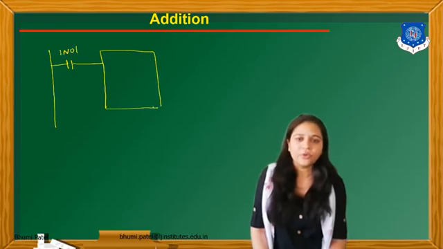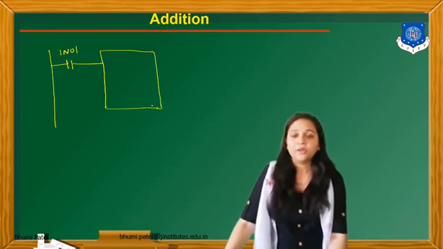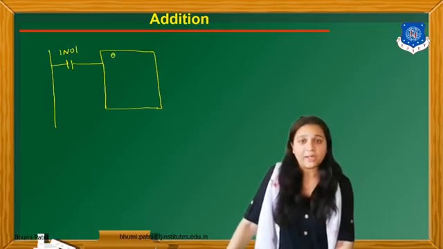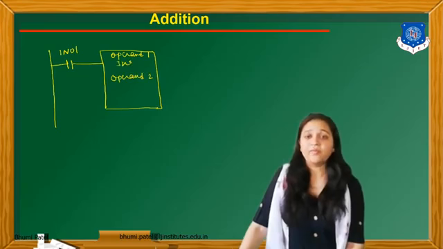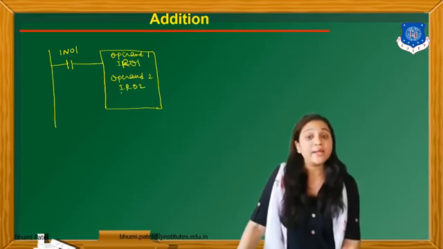Now as you know, for the addition we require more than one number, so we can take operand 1 and operand 2. Suppose operand 1 is stored in the input register IR01, and the value for operand 2 will be taken from the register IR02.